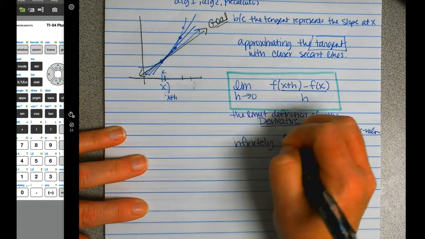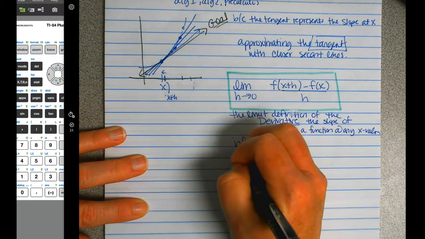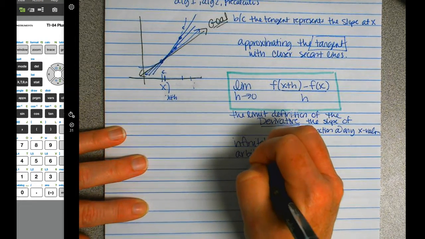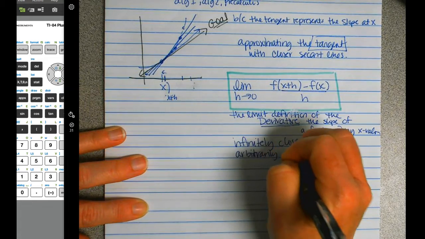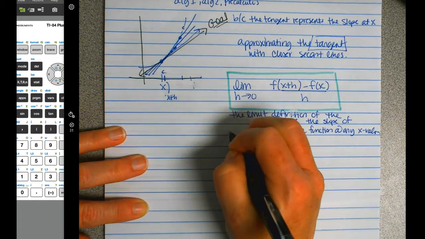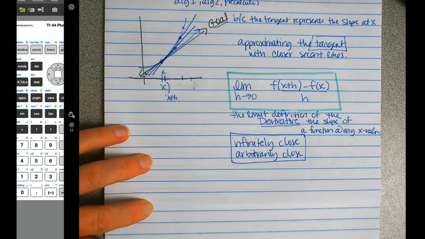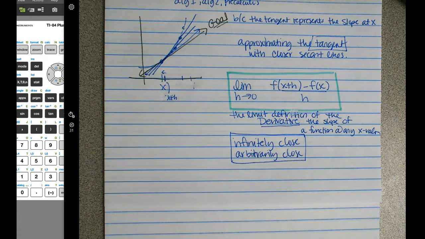Infinitely close. Also, arbitrarily close. I'm sorry you have to listen to me spell, but that's how I do that. So those 2 things are about the limit. So we're kind of sneaking up on trying to make it 1 point, even though we require 2 points in order to have slope. So that's the tangent line problem.